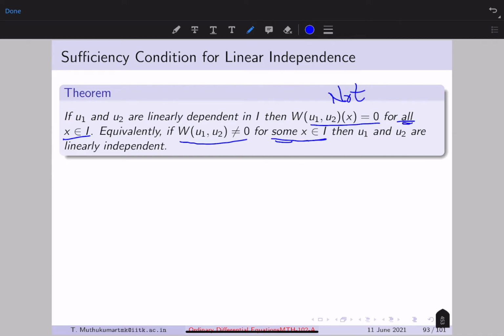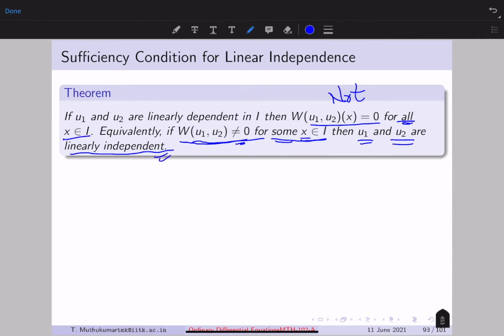So this theorem gives you a way to check linear independence of two functions. If you compute the Wronskian of two functions and it turns out to be non-zero for some x in the domain, then the two functions have to be linearly independent.